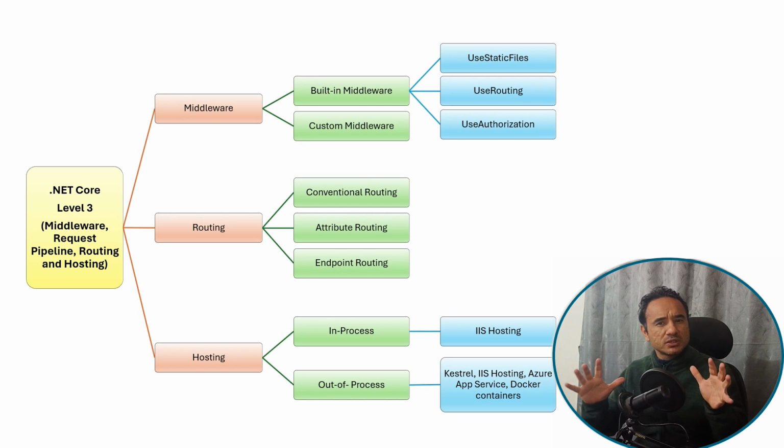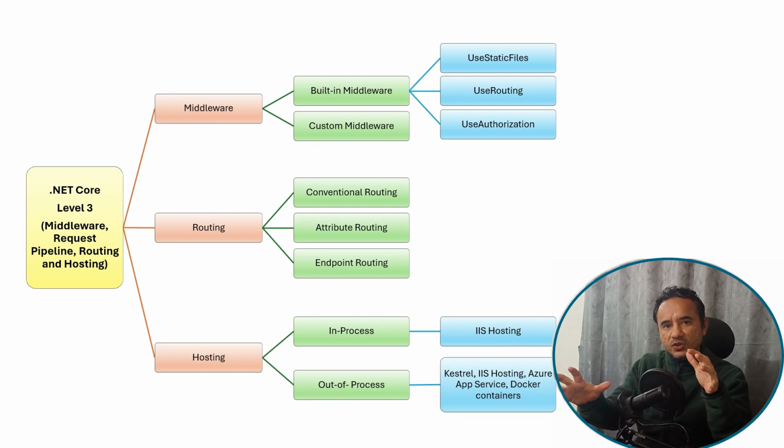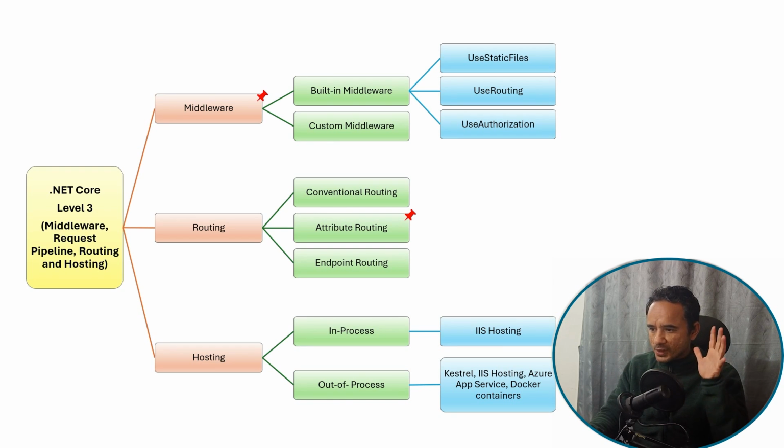So mostly we use out-of-process hosting. That's it, my friend. If you have any doubt or confusion about any of these concepts, just note the concept name down and check it out later. Here, middleware and attribute routing are very important from the interview point of view.